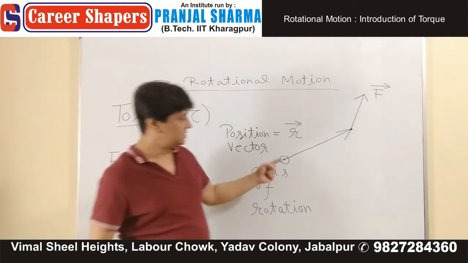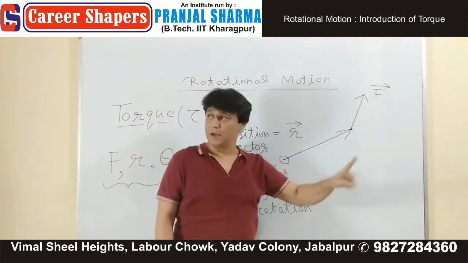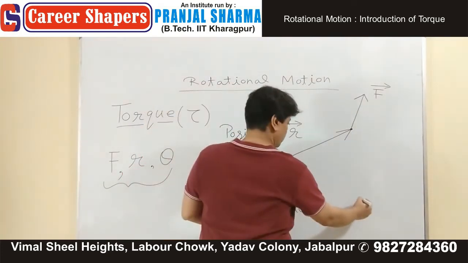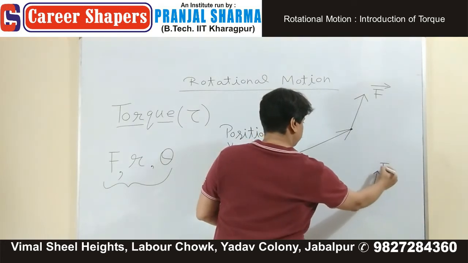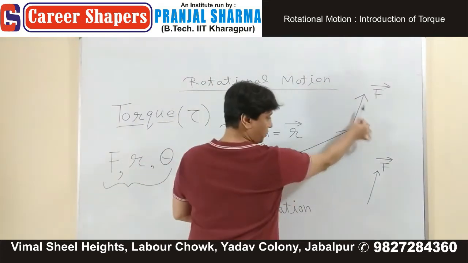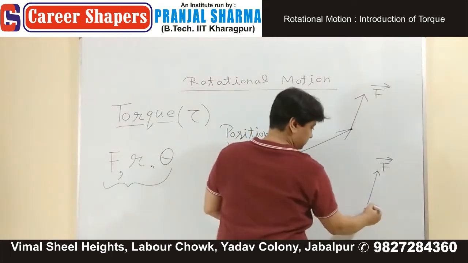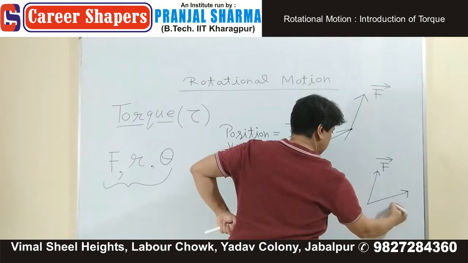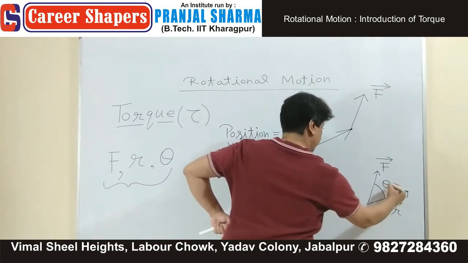If somebody needs the angle between this vector and this vector, then the approach is to join both vectors with their tails like this. This is F. Draw the F vector. Draw the R vector. And this is theta.